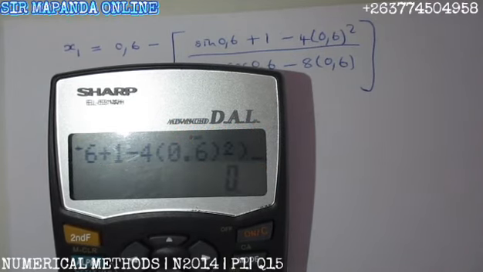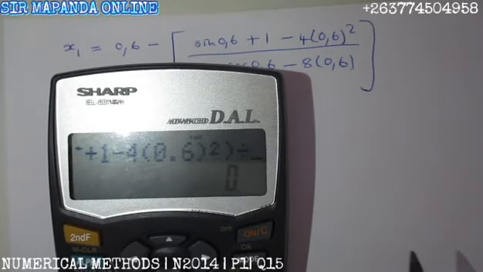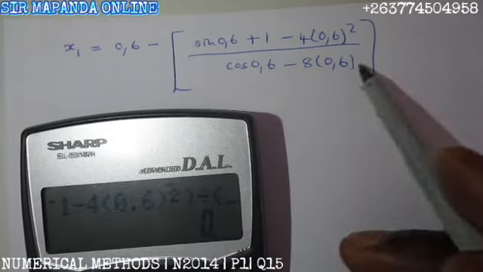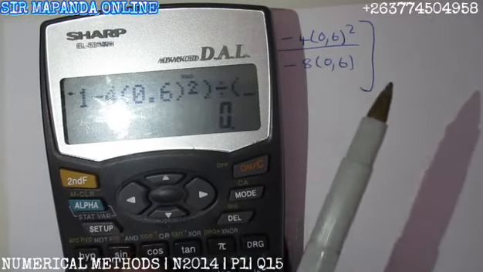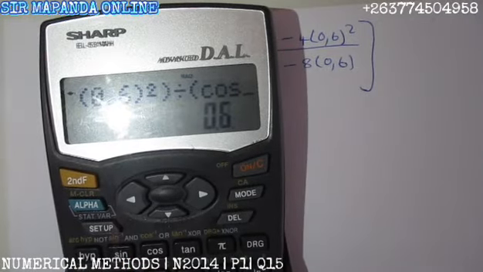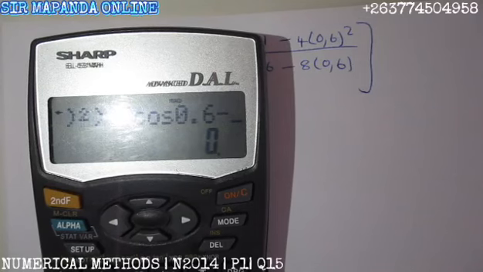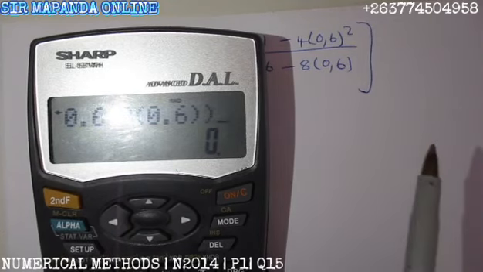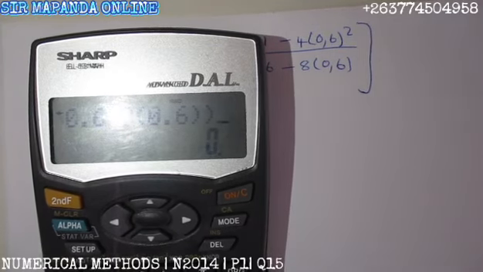Then you close the bracket. We are through with the numerator. Then divide by, then you put another open bracket to punch the denominator. So it's cos 0.6 minus 8, open bracket, 0.6, close bracket. Then you put another close bracket for the big bracket, equals.